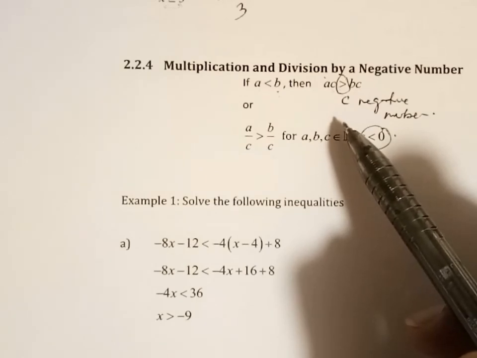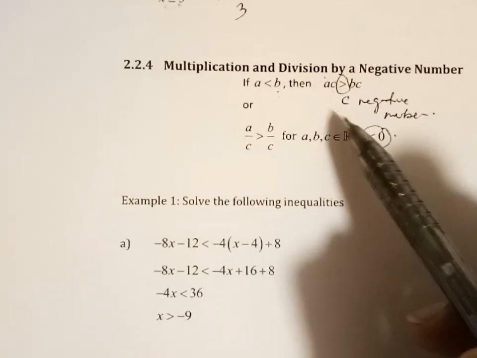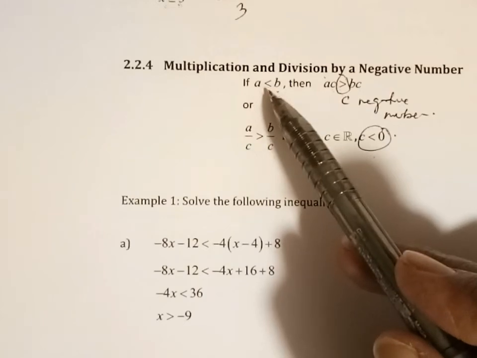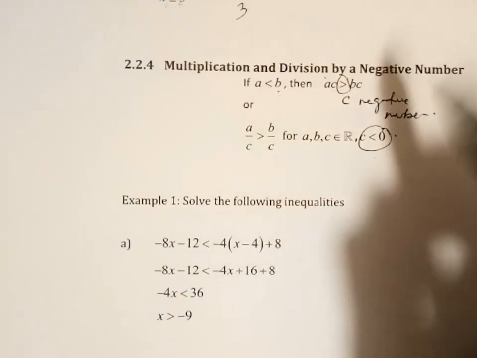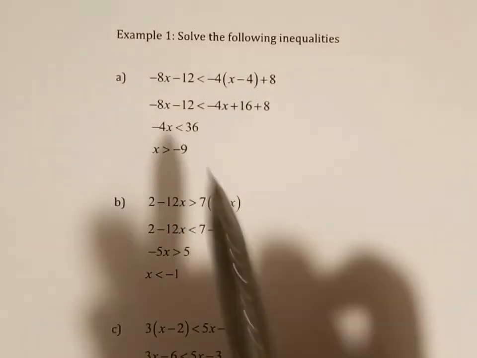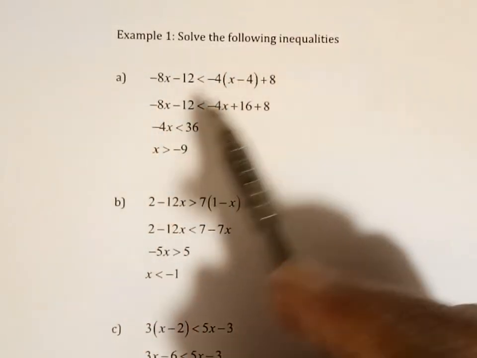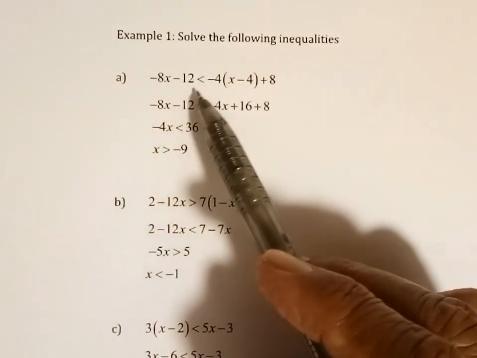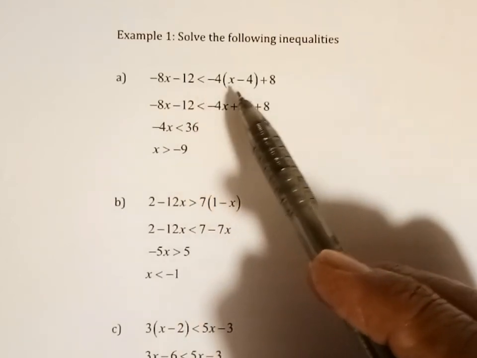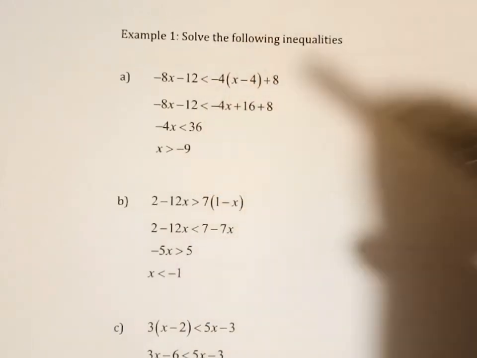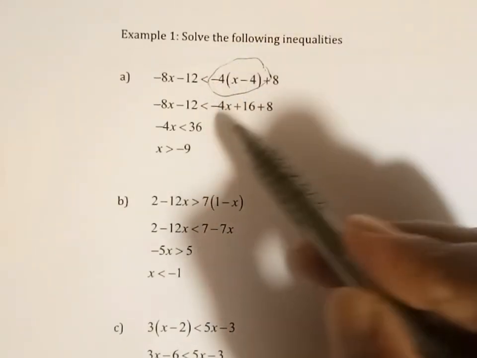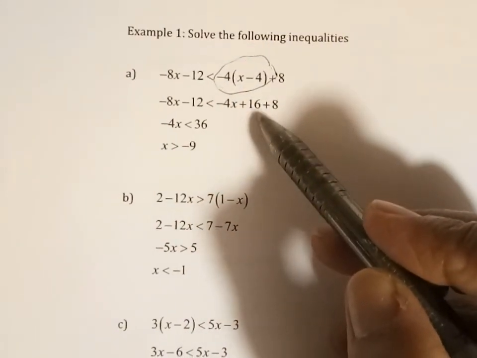If we multiply the inequality with negative numbers. Okay, example. Solve the following inequality: minus 8x minus 12 less than minus 4 times (x minus 4) plus 8. Solve the one in brackets first: minus 4x plus 16.